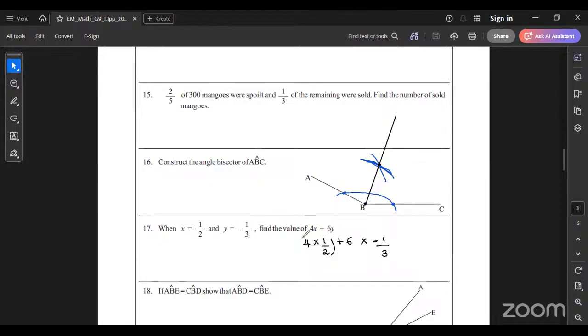I can insert brackets first. Then 2 times 2 cancel out and 2 times 1, 2. 3 times 2 and plus 2 here. Plus 2 and minus 1, it's minus 2, right? Then plus 2 and minus 2 add, the answer is 0.